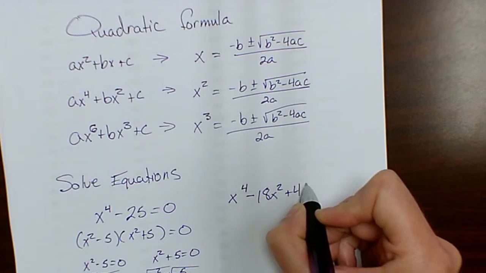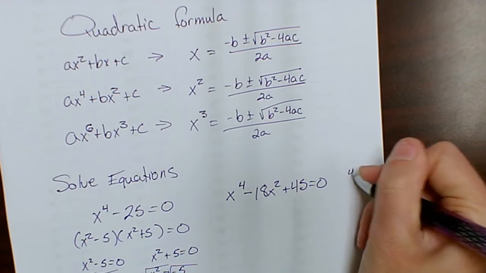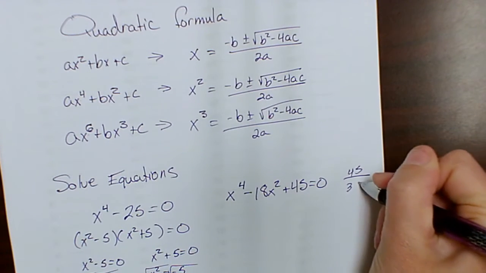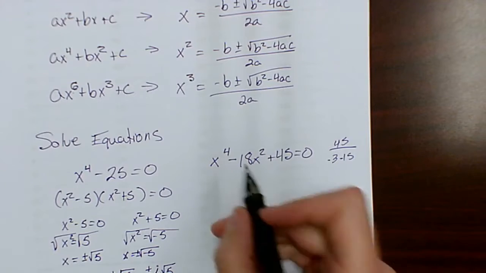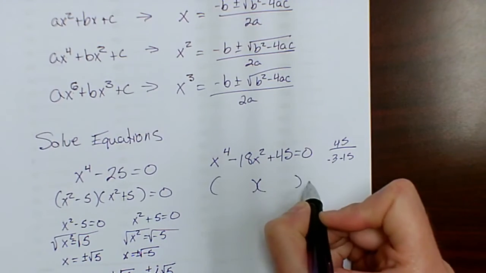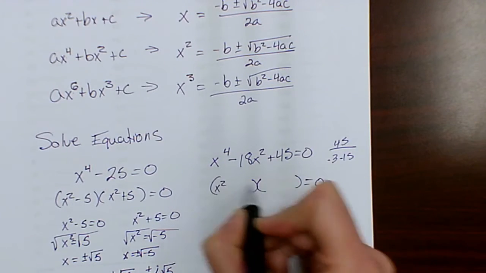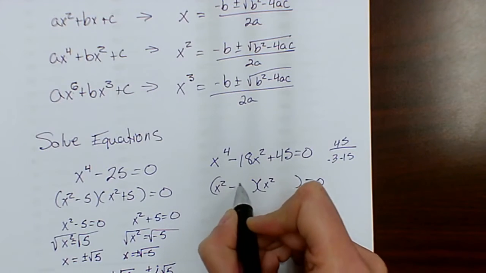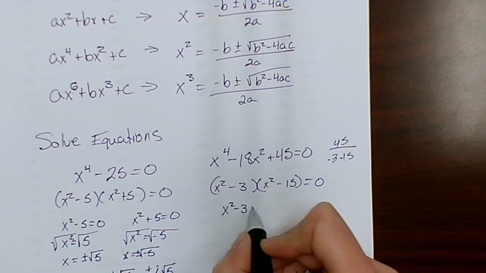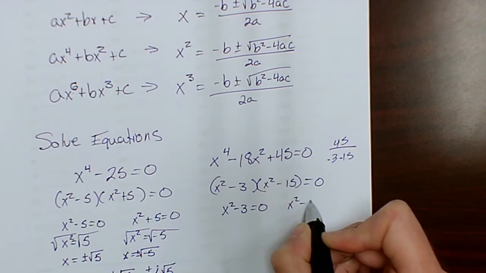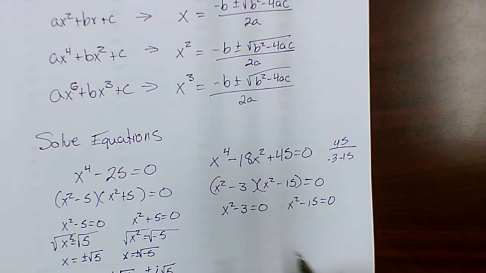Let's solve this one. So 45, 3 times 15 is 45, but if we negate both of those, adding those together, we'll get a negative 18. So with that, we'll have x squared, and then we'll have negative 3 and negative 15. Set each factor equal to 0, like you would any other quadratic.